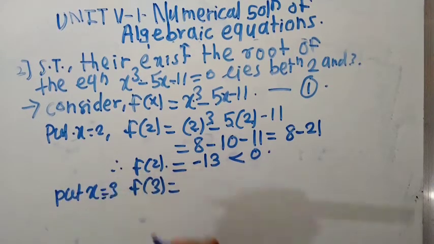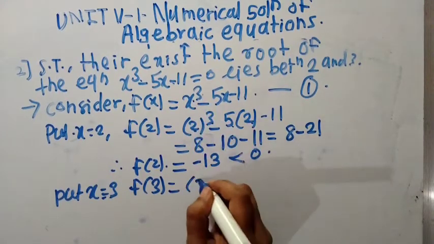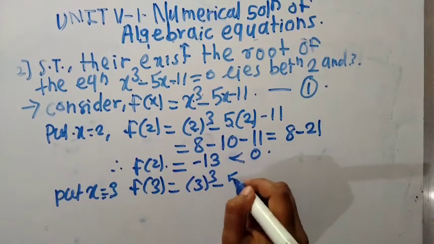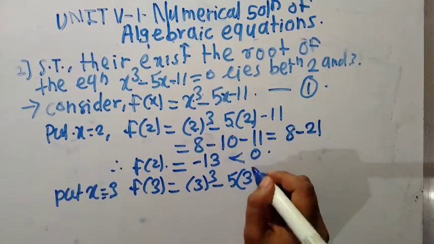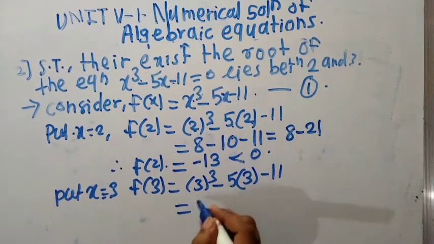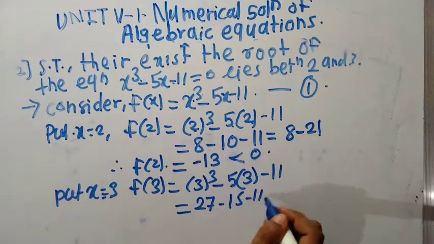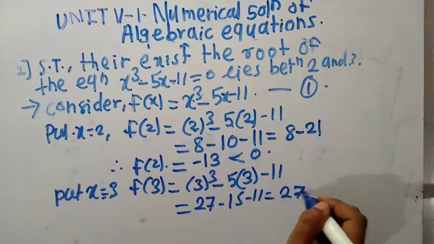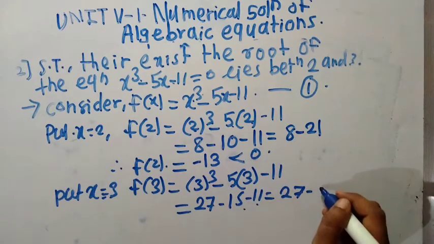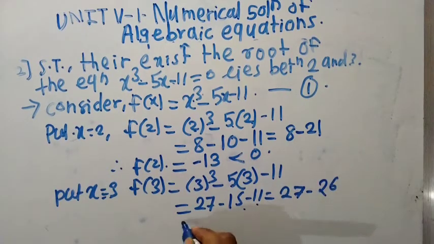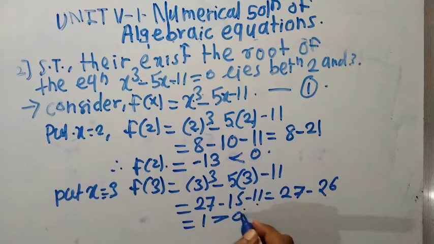Put x is equal to 3. So 3 cube minus 5 into 3 minus 11, which is equal to 3 cube is 27, 5 into 3 is 15, 27 minus 15 minus 11 is 1, which is greater than 0.